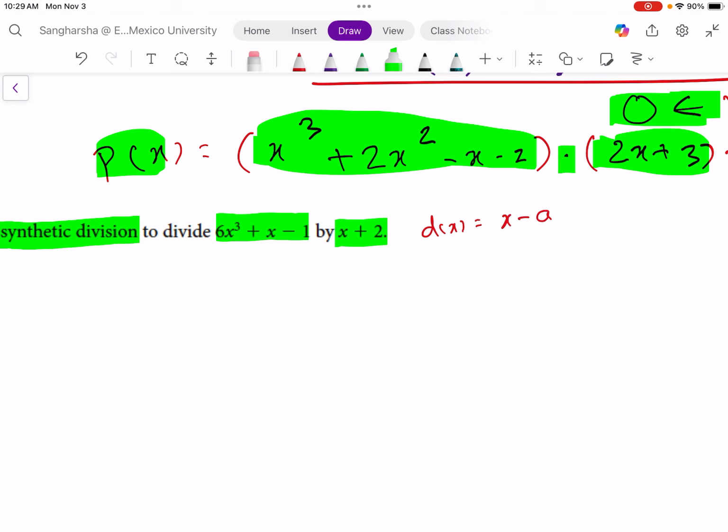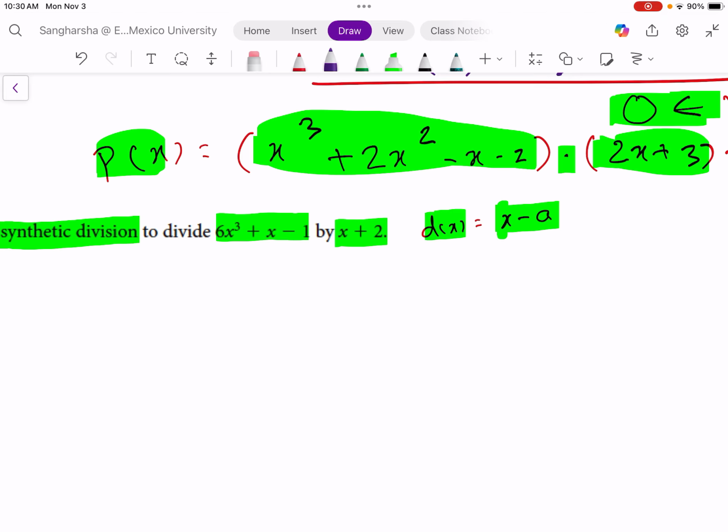So if your divisor d of x is in this form, now this is a linear form. Okay, the variable has a degree 1. So if your divisor is in a linear form or in this x minus a form, then only we use synthetic division. Okay, so if we are dividing by x squared plus 2, then we are not using synthetic division. Okay, so keep this in mind.